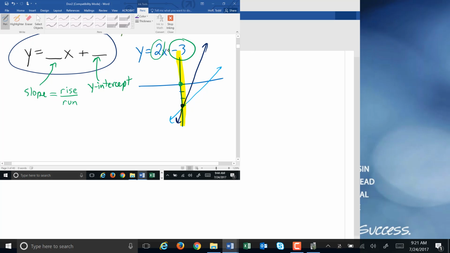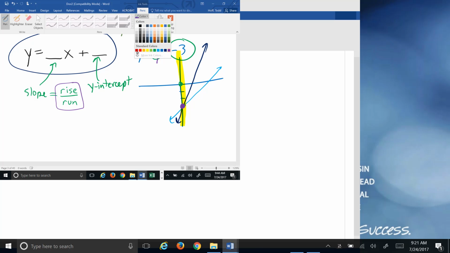So here we had 2 as our slope. Well, that's not really the way the slope is written. And we wrote it as 2 because that's how we're used to seeing that number. But a slope is really always a fraction. So technically that's a 2 over 1. What that means is from the starting point, so here that was at the -3 down here, from that starting point, we rise 2.